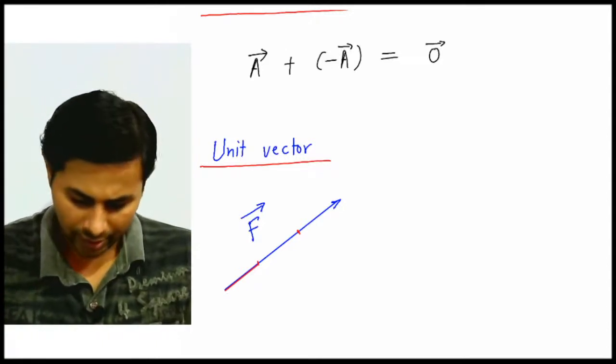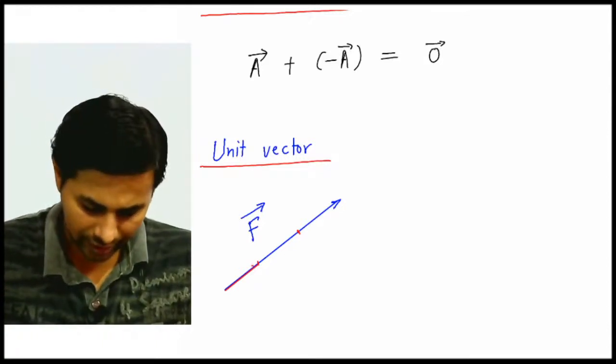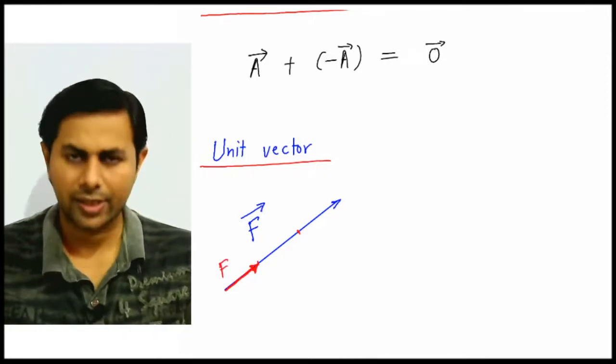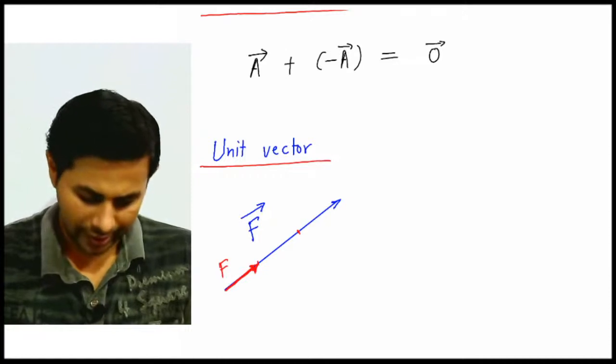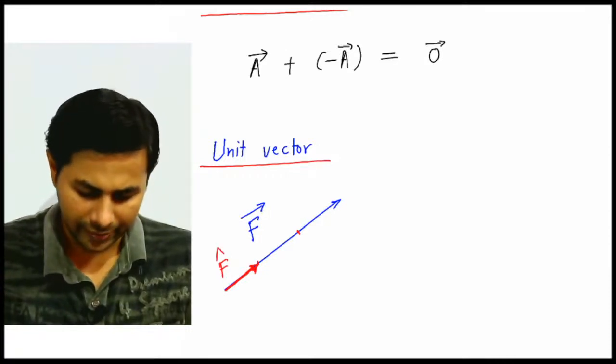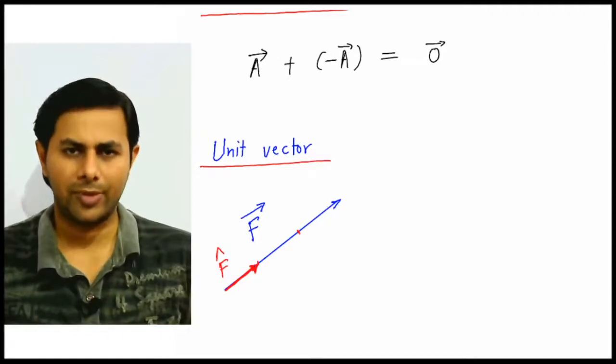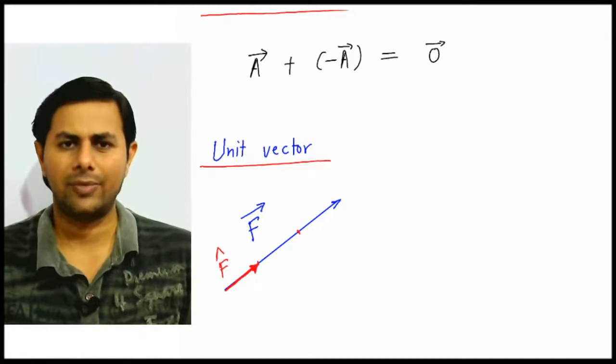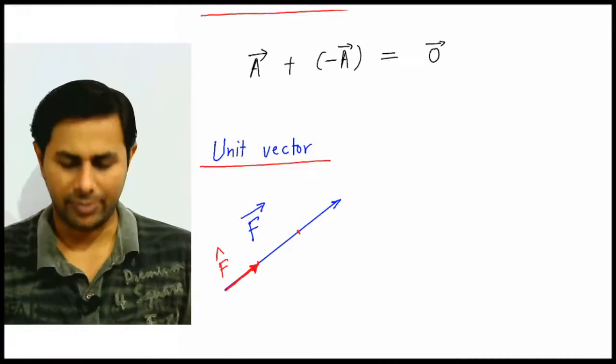So this vector is unit vector in direction of F bar and it can be represented by F, and we draw a cap on top of that to show that it's a unit vector. So unit vectors are represented by a hat or a cap.